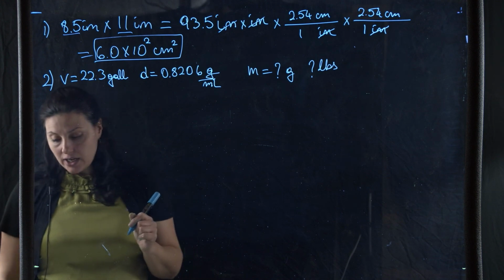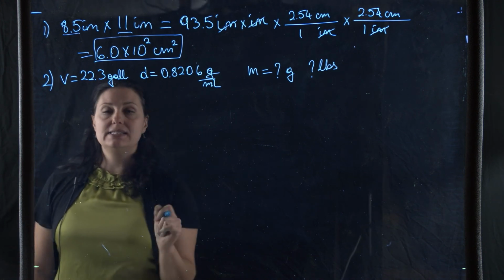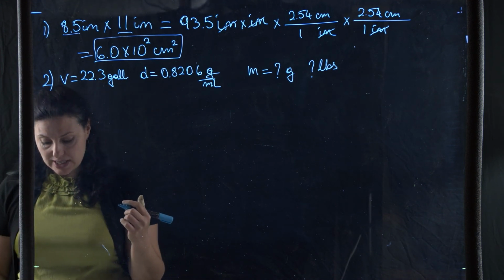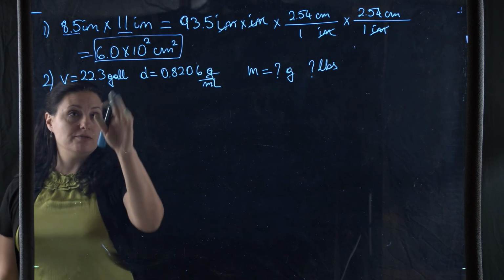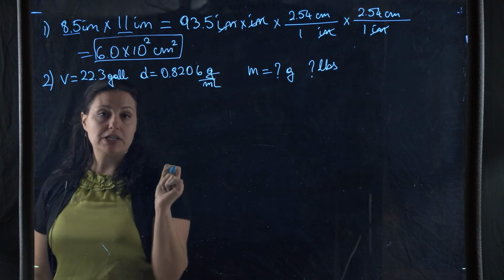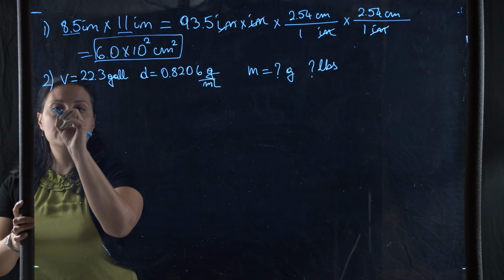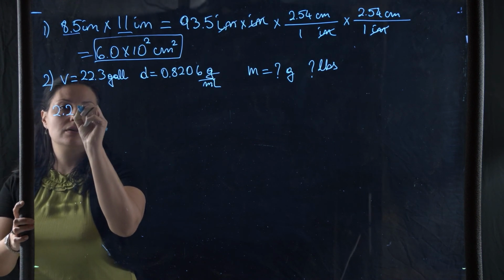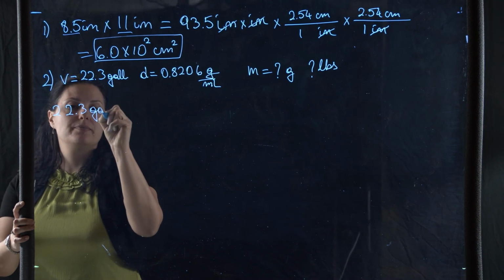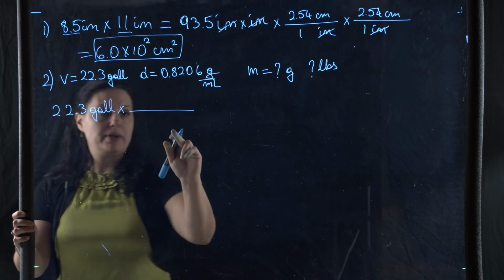I have to figure that out. Okay, so let's start with what am I given? I'm given a volume and a density. So the first thing that I need to do is convert my gallons into liters so I can have the correct units with a density. Okay, so if I take 22.3 gallons, I want to convert that to liters, which means that I want liters on top and gallons at the bottom.